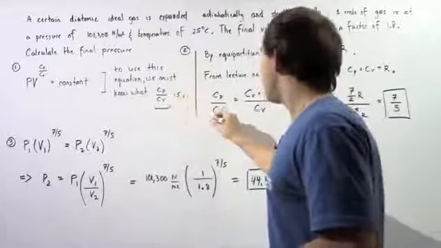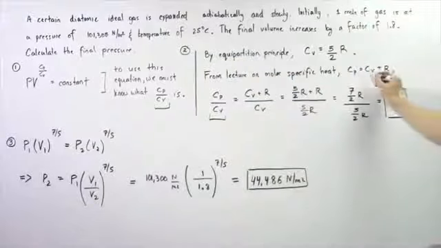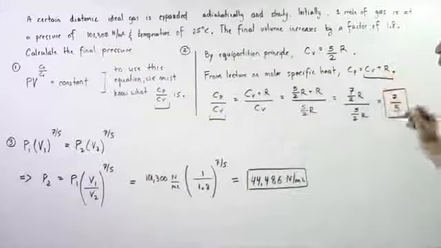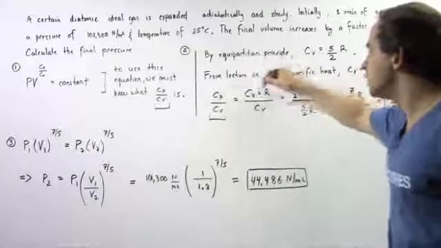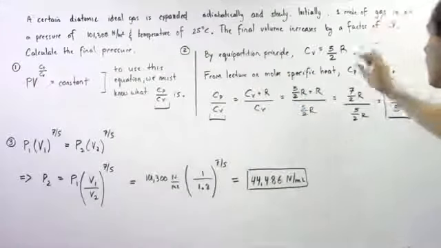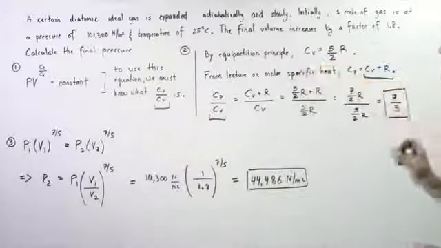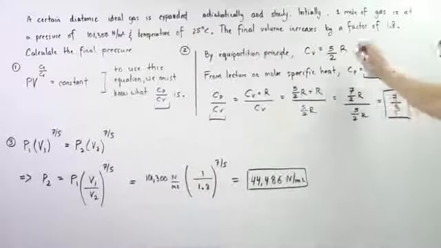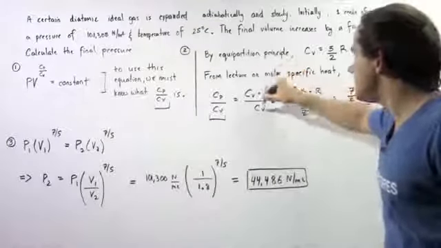So Cp divided by Cv is equal to, where Cp is equal to Cv plus R, that's exactly what we write here, Cv plus R divided by Cv. Now, from the equal partition principle of energy, we know that Cv is equal to 5 divided by 2 multiplied by R. So we substitute that in.